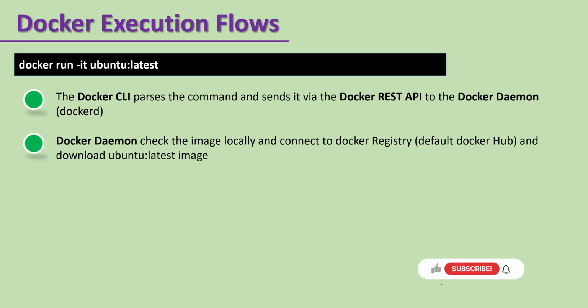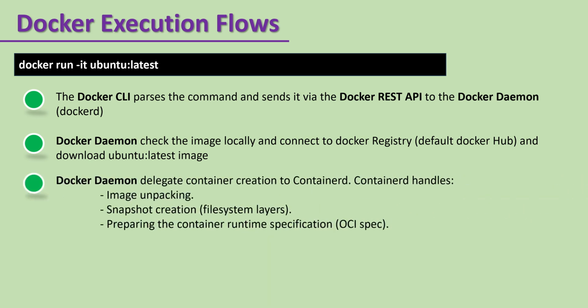If it does not, then it connects to the Docker registry, which is technically Docker Hub, and downloads the Ubuntu latest image. This is the first task of the Docker daemon.